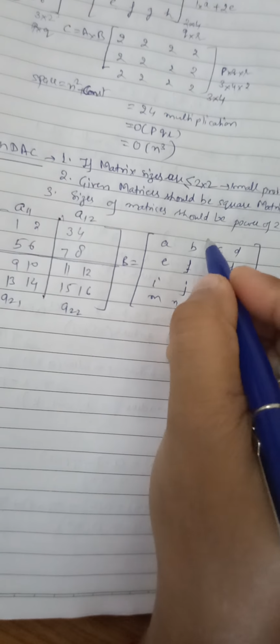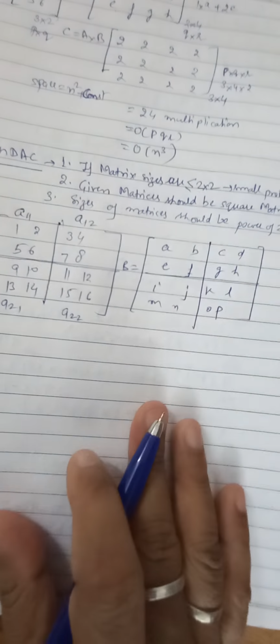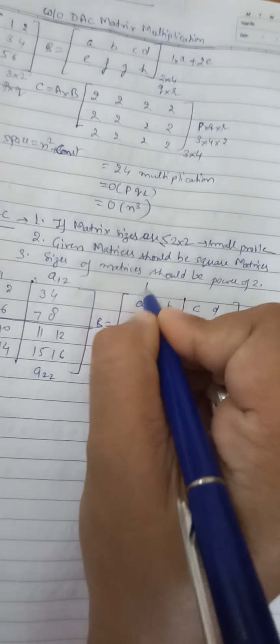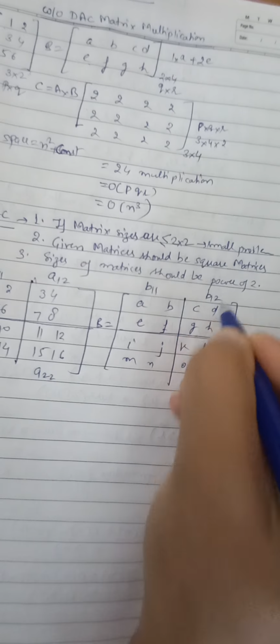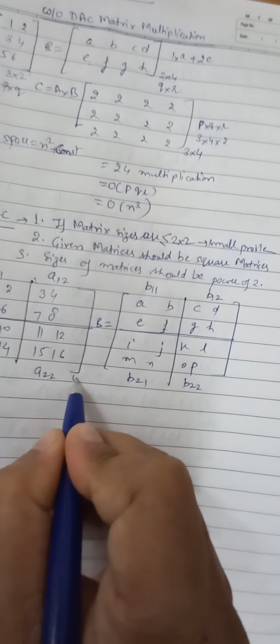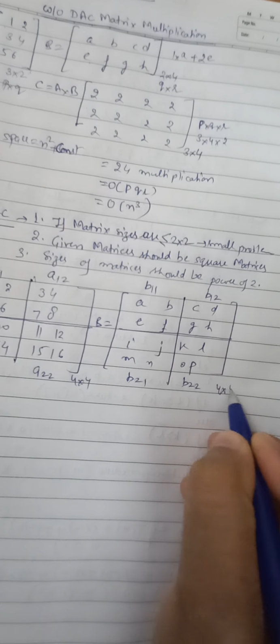Here we also divide it like this, and because these are characters we take the ASCII value. So B11, B12, B21, B22. This is 4 into 4 size, and this is 4 into 4 size.